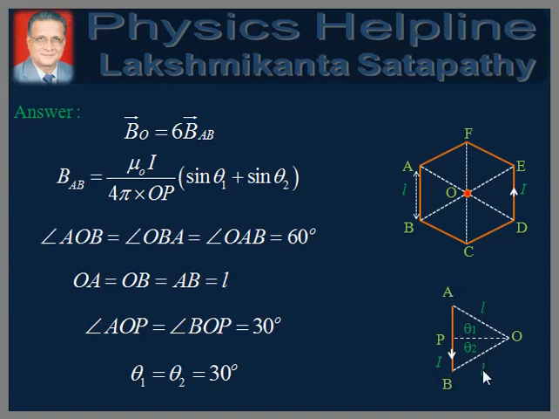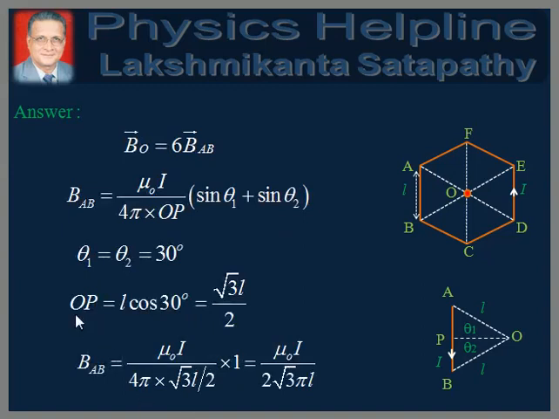All of them are equal to L. Now, if you drop the perpendicular OP from O upon AB, because OP will equally divide the angle AOB, therefore the total angle is 60 degrees, therefore θ1 and θ2 are both equal to 30 degrees. That is what we have written here, θ1 is equal to θ2, which is equal to 30 degrees.